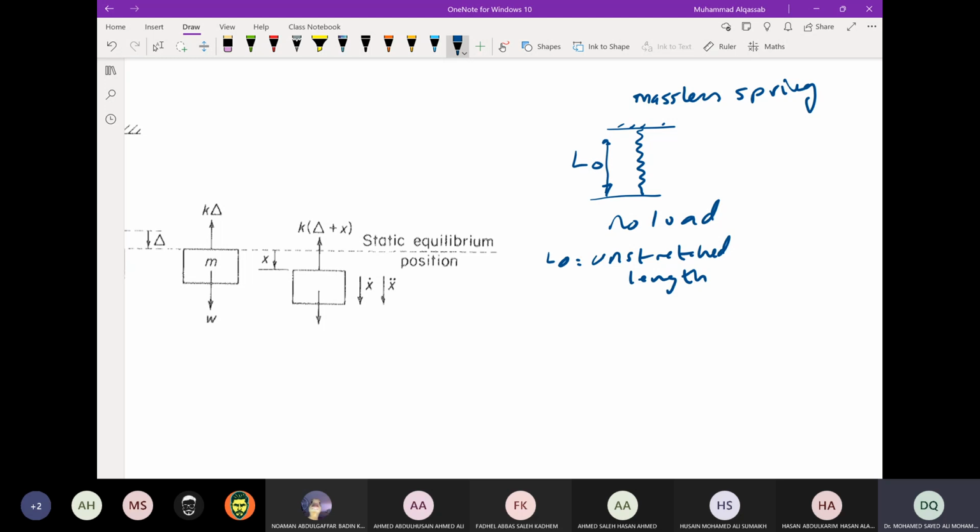When you add the mass on it slowly, it will go down and become in equilibrium. Here a mass is added, and this is called the equilibrium position.